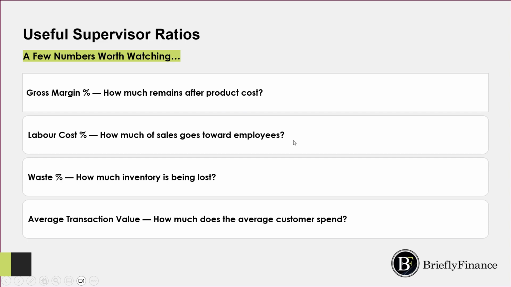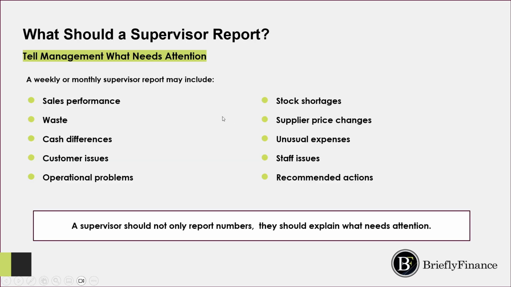The labor cost is how much of the sales goes toward employees. This is a different ratio where you see how much the staff are generating profit. The waste, we will look at it later also, is the percentage of the inventory that was lost. And average transaction value is how much each customer pays per transaction. We will also look at it later.